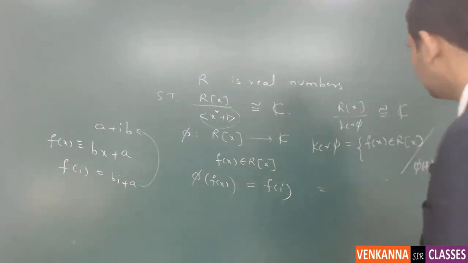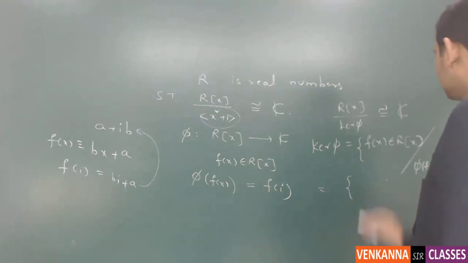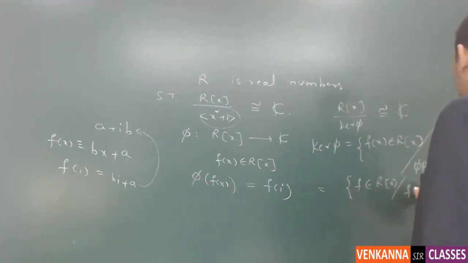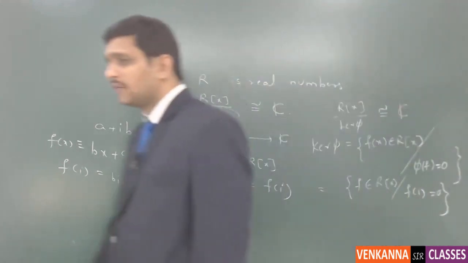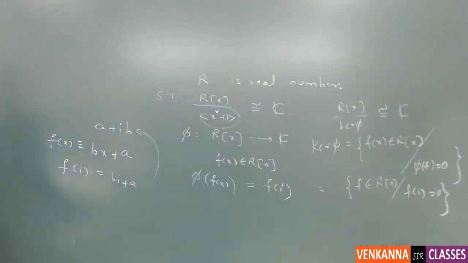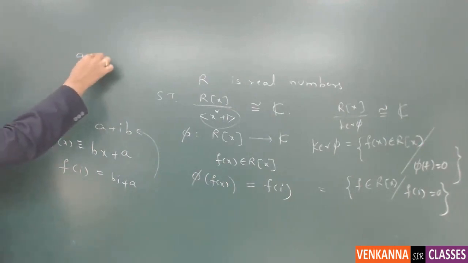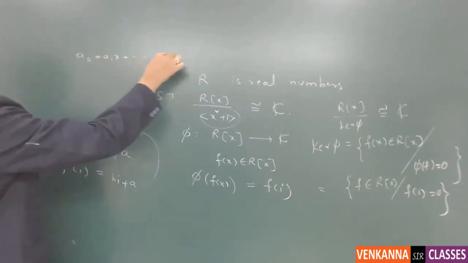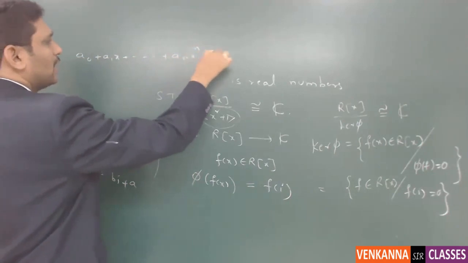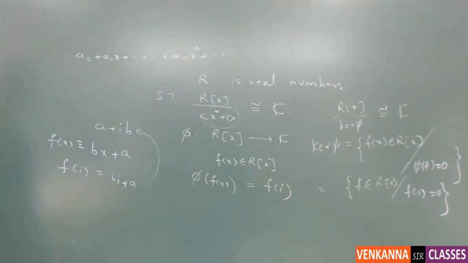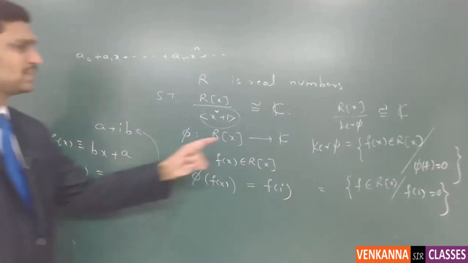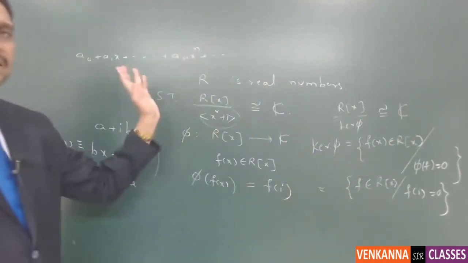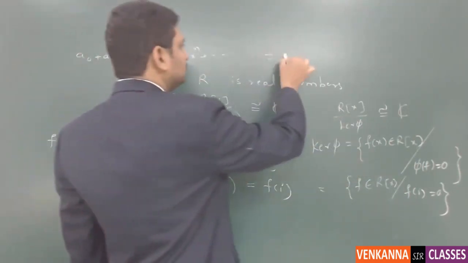So it is the set of all polynomials f belonging to R of x such that f of i equals 0. Whenever you write an arbitrary polynomial, say a naught plus a1 x plus so on plus an x power n, and you substitute i in place of x, the result is 0.